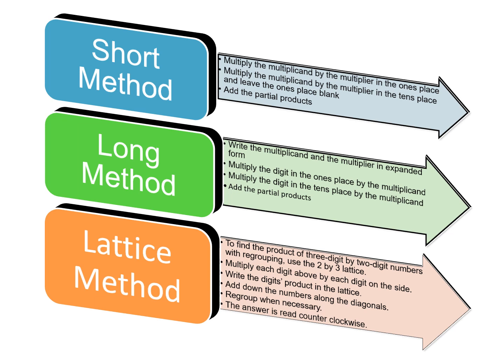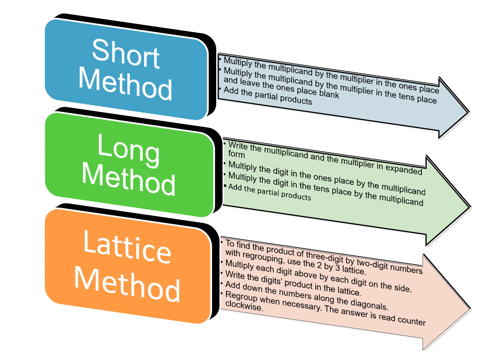The short method has 3 steps. First, multiply the multiplicand by the multiplier in the ones place. Second, multiply the multiplicand by the multiplier in the tens place and leave the ones place blank. Third, add the partial product.